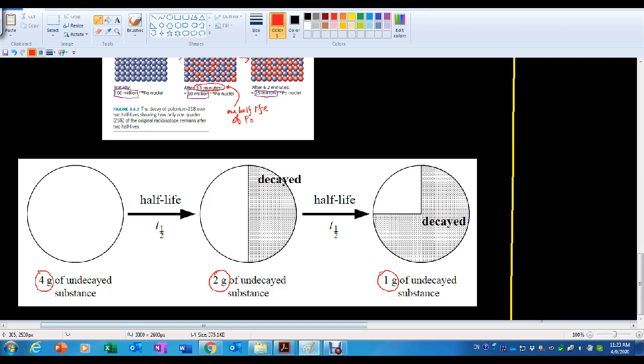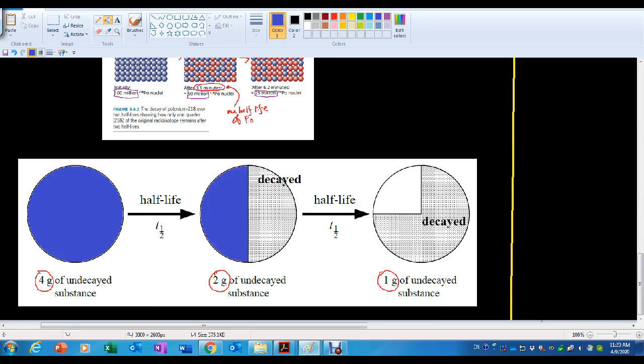So in the beginning, there are 4 grams of undecayed substance. Let's say I use blue color again to represent the total undecayed nuclear substance. After one half-life, half of them becomes decayed, so there's another half which is not decayed. And after another half-life, that's 2 grams becomes 1 gram.